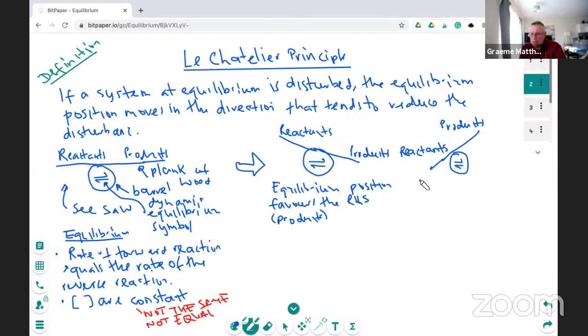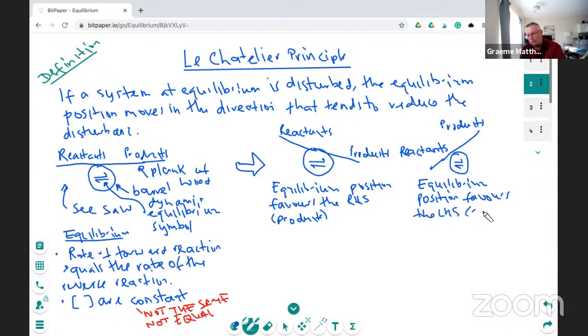My equilibrium position favors the left-hand side.